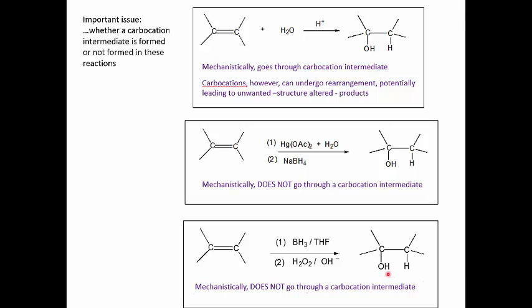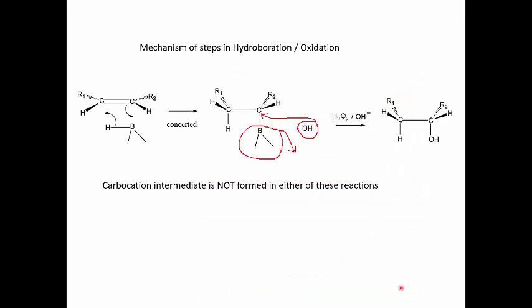Let's go through the steps of the mechanism of the boron sequence reaction to show this. Now, in this reaction, the borane approaches the alkene, gets close to it.